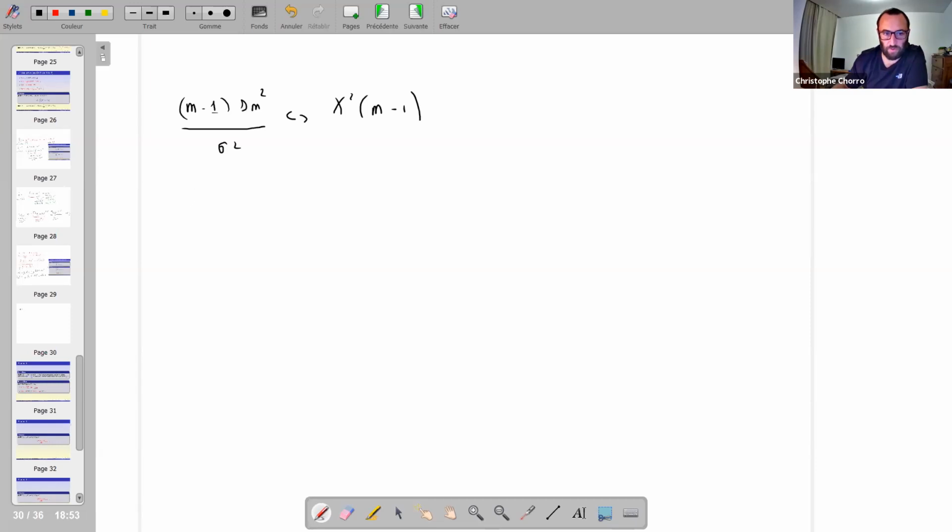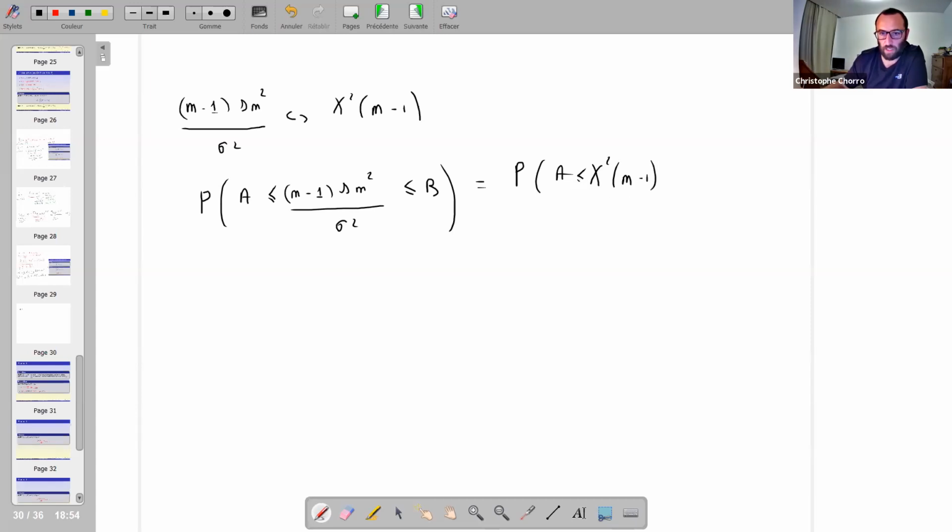So I can say the following, that the probability that (n minus 1) Sn square over sigma square is greater than a and less than b is in fact the probability that the chi-square of parameter n minus 1 is greater than a and less than b.